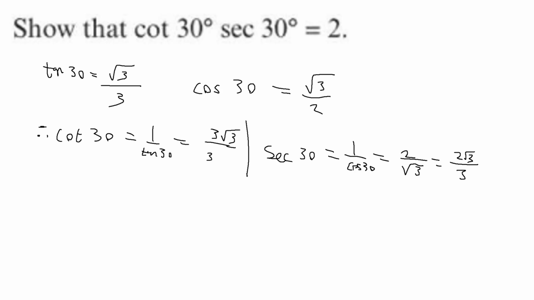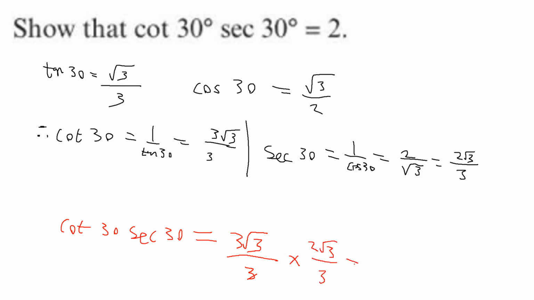So now, cot 30 sec 30 is the same as 3 root 3 over 3 times 2 root 3 over 3, which is the same as 6 times 3 over 9, which is 18 over 9, which is 2.